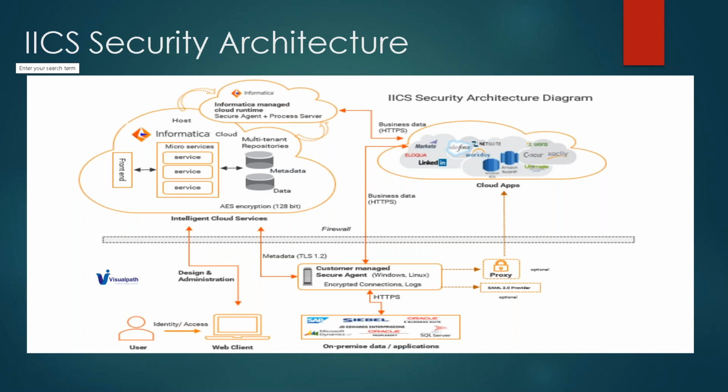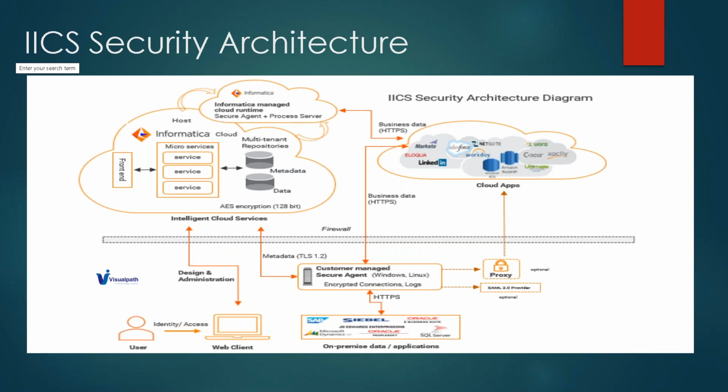So how it works is Informatica Cloud exchanges data through the HTTPS protocol. We connect to Informatica Cloud, and the data is managed internally within the firewall of the organization, and only the metadata gets stored in the Informatica Cloud hosted repository.